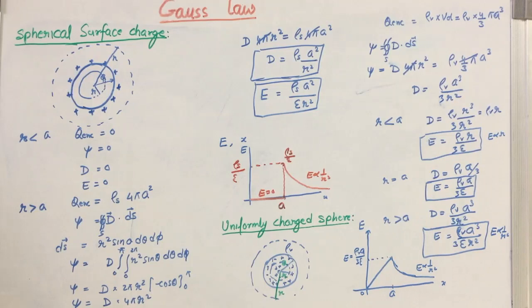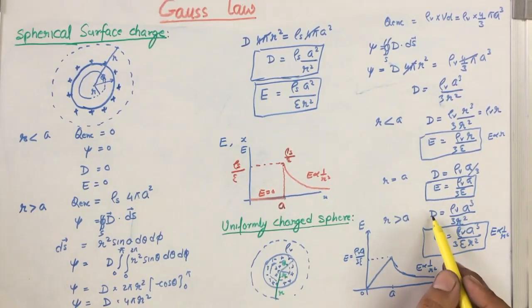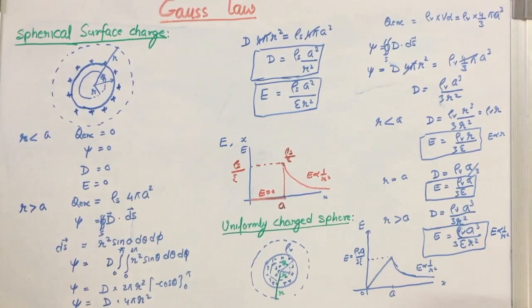So in the case of a uniformly charged sphere, the characteristic of the electric field with the position of the point of interest is this. In this way we find Gauss law helps to determine E and D for different cases of the distribution of the charges, either a point charge or any type of uniform distribution of the charge.